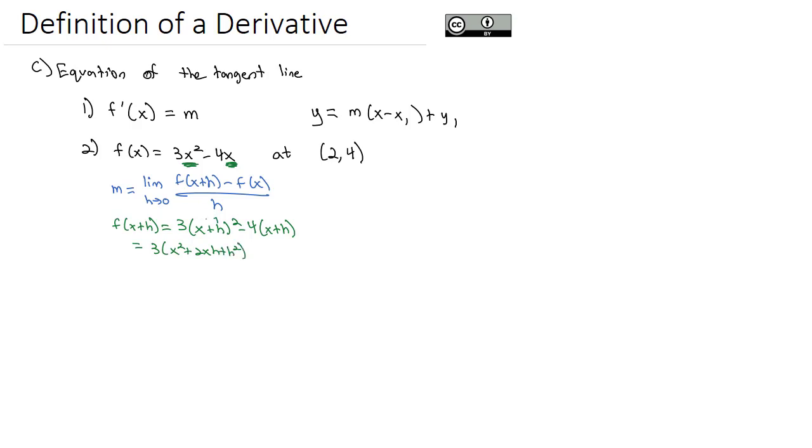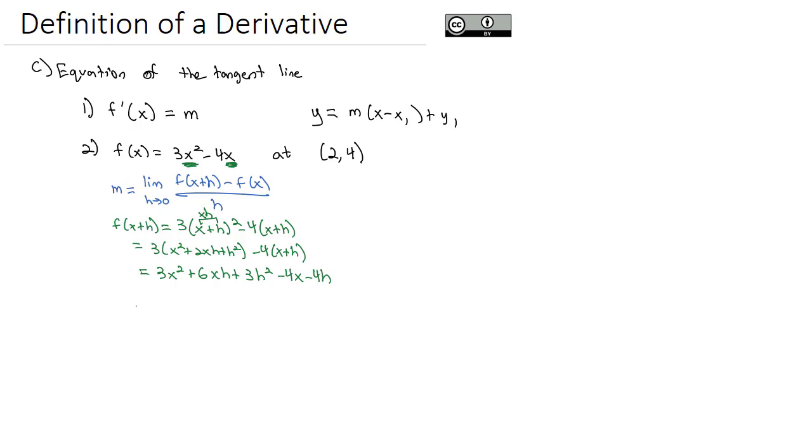Again, remember when we're squaring a binomial, we multiply those together and double it. Minus 4 times x plus h. Distributing through, then, we get 3x squared plus 6xh plus 3h squared minus 4x minus 4h.